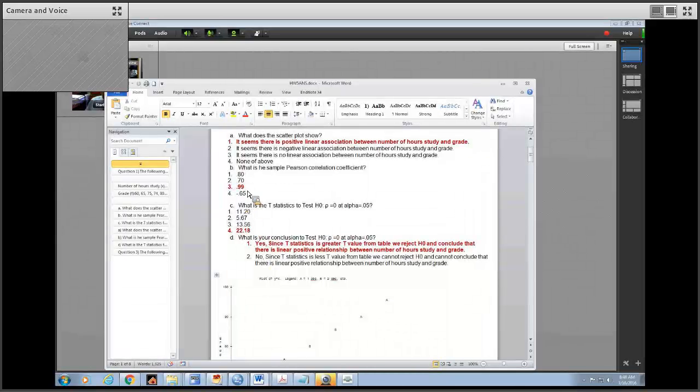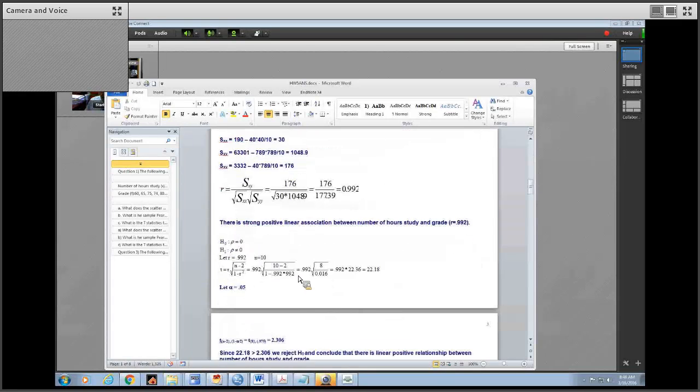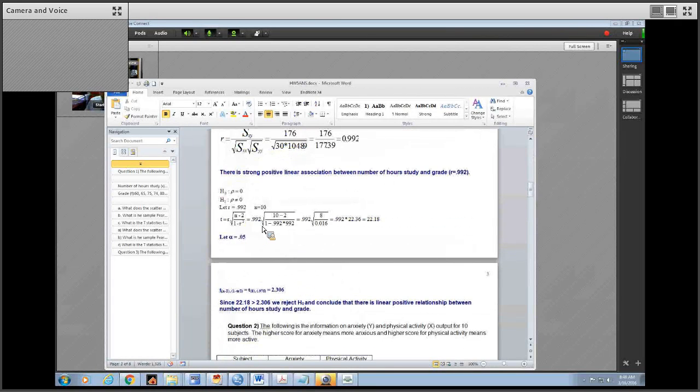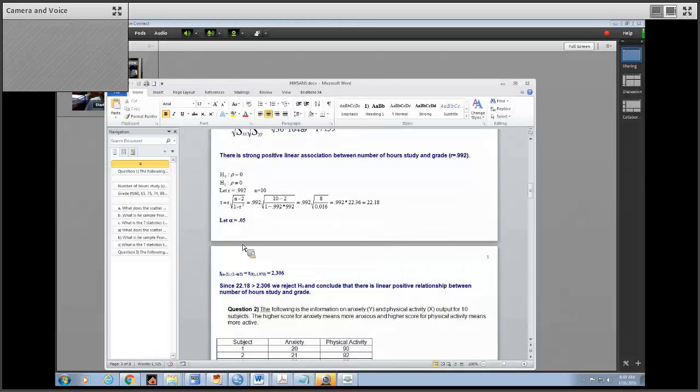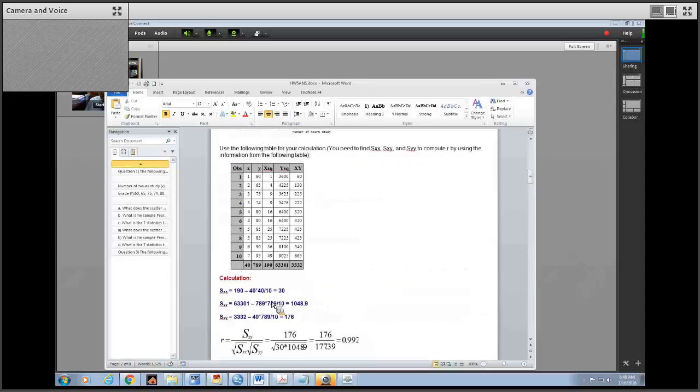What is the T statistic? Again, I can easily calculate T because I have r. If you put r in the formula, you get 22.118, and the critical T from the table is 2.306. Since 22.118 is greater than 2.306, we reject the null and conclude there is a linear positive relationship between number of hours of study and the grade.